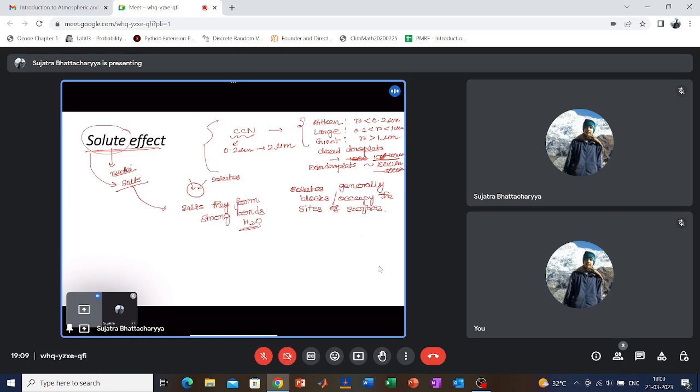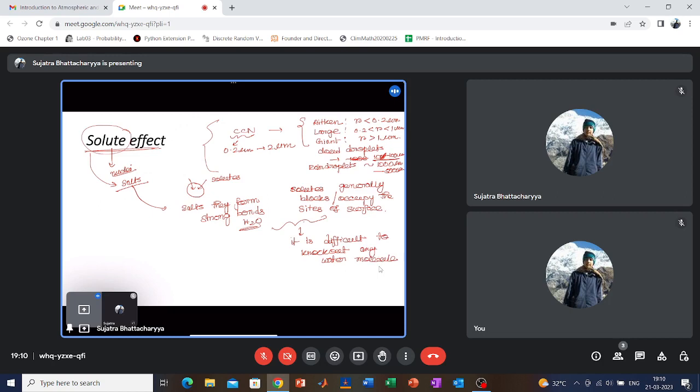As a result of both these things, it is difficult to knock out any water molecule.